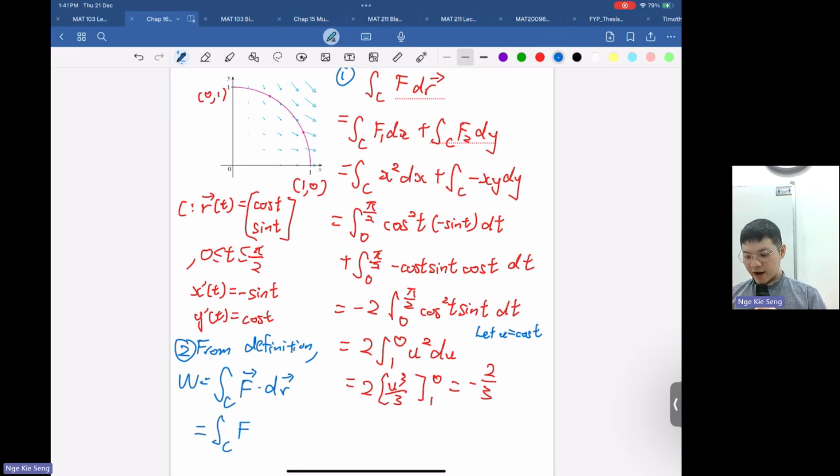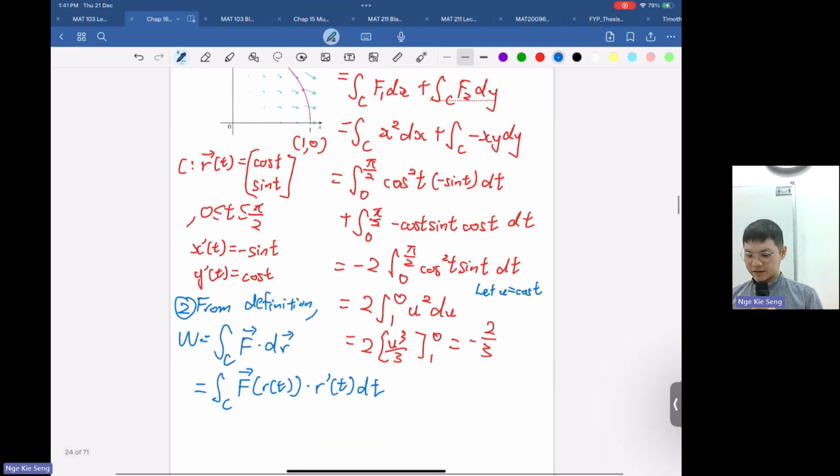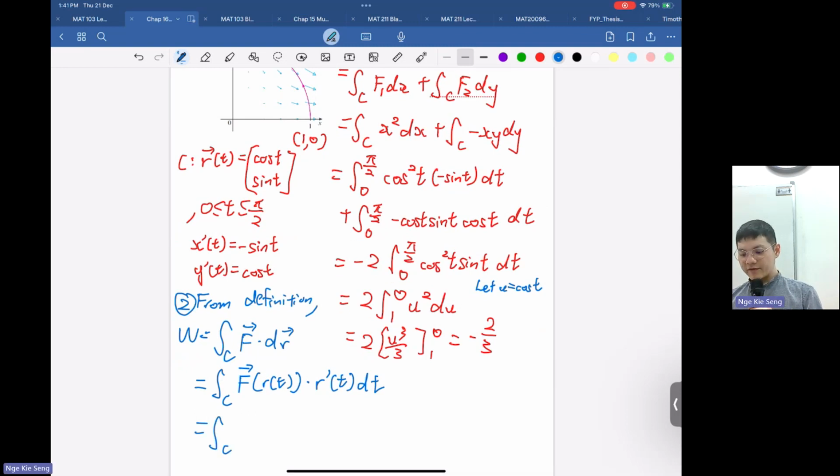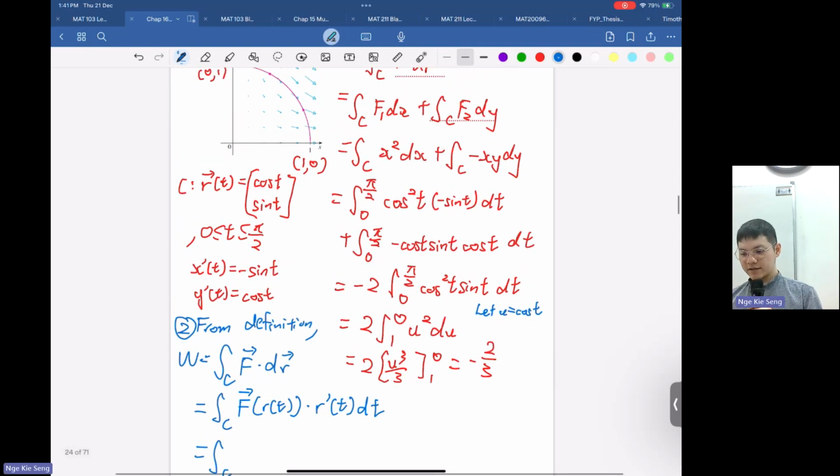You evaluate your F at the curve, dot with the tangent vector, and then dt. What is this? F evaluated at r(t).